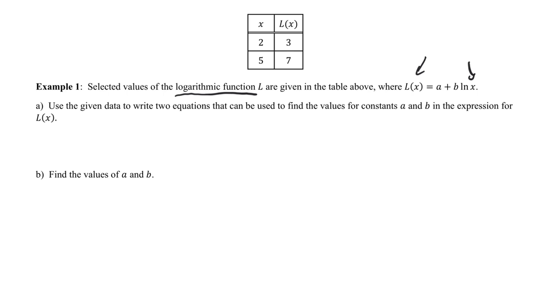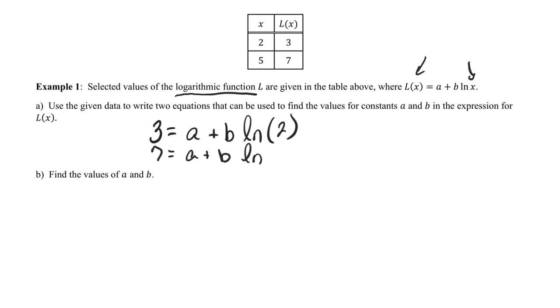So the first one would look like this: 3 equals a plus b ln of 2. And the second one would be 7 equals a plus b ln of 5. And that completes what they wanted us to do in A. It's not a hard concept. It was just weirdly worded.